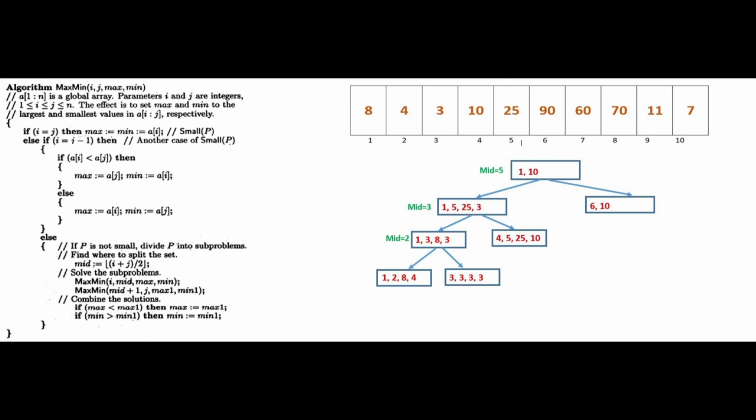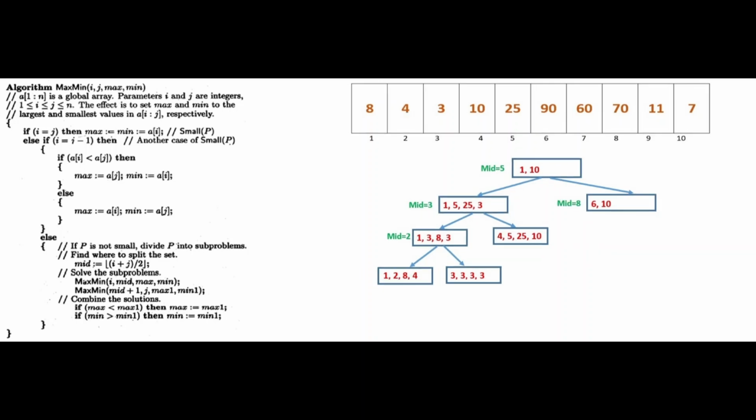Mid is equal to i plus j by 2, 6 plus 10 by 2, 16 by 2 is equal to 8. Mid is equal to 8. In that algorithm, there are 3 values: i is equal to 6, j is equal to 10, mid is equal to 8. Next, we have to execute the first recursive call.